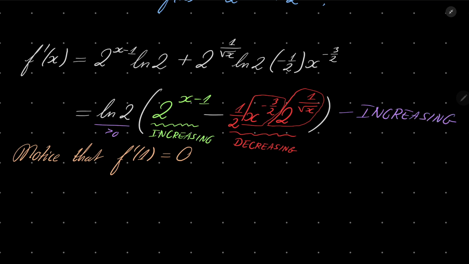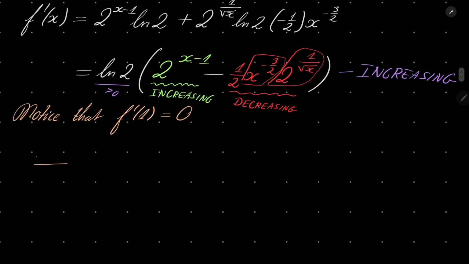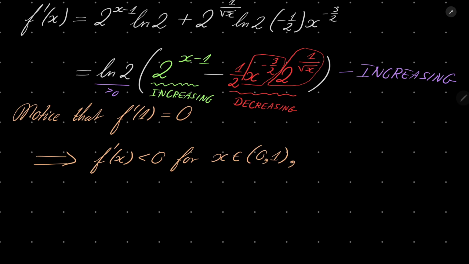It's increasing. And that means, since the value of 0 is attained at 1, that f prime of x is negative for x's between 0 and 1, and moreover, f prime of x is greater than 0 for x's between 1 and infinity.